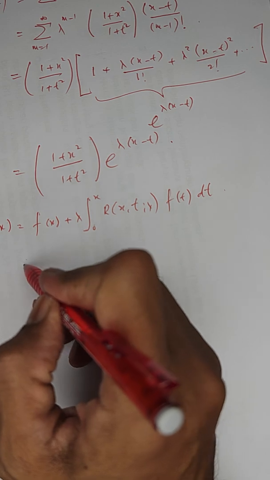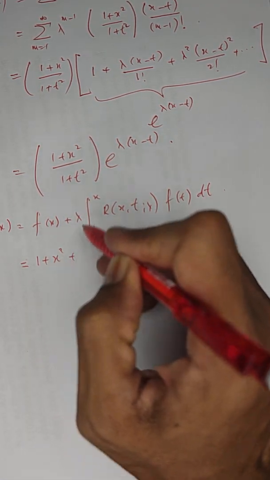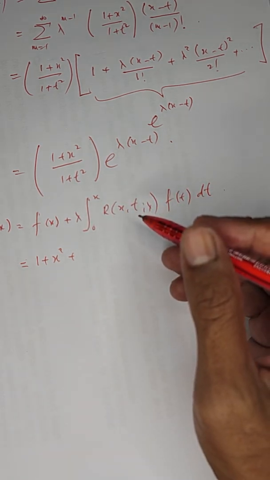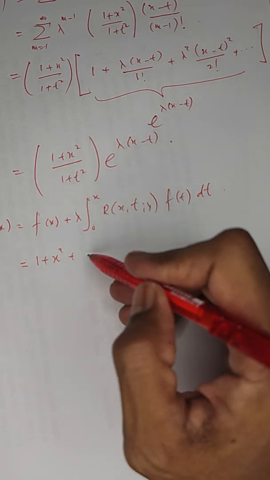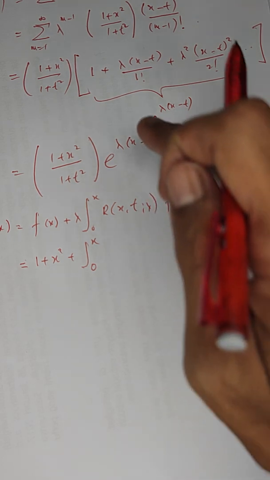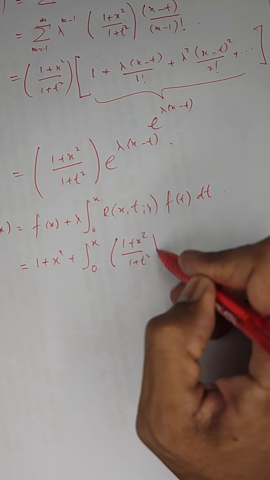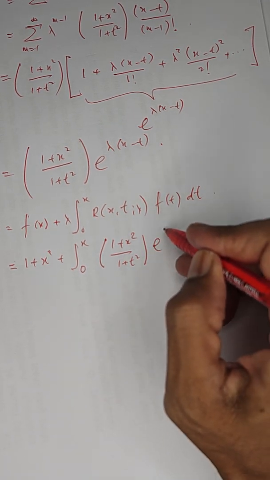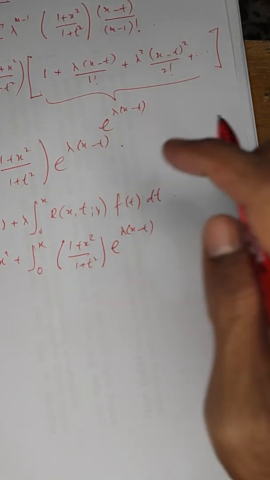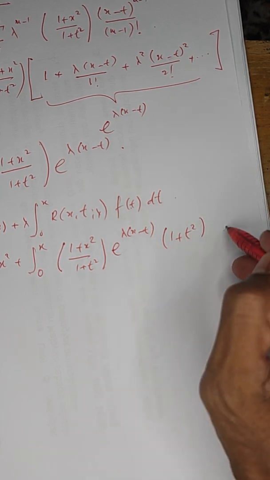Our f(x) is 1 + x², our λ is 1, and we integrate from 0 to x. Our R is given here: (1 + x²)/(1 + t²) e^(λ(x − t)), and our f(t) is 1 + t², then dt.